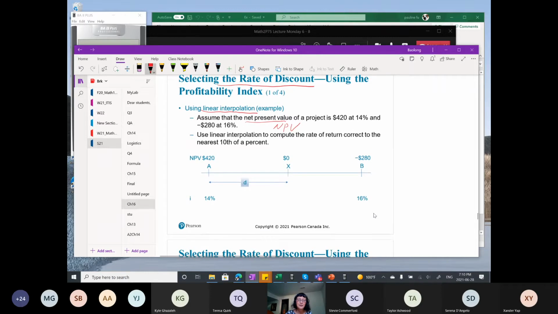So this diagram shows when you have net present value 420, you have 14%. When you have net present value negative 280, you have 16%. Okay. And the question is, how do you find the rate of discount?